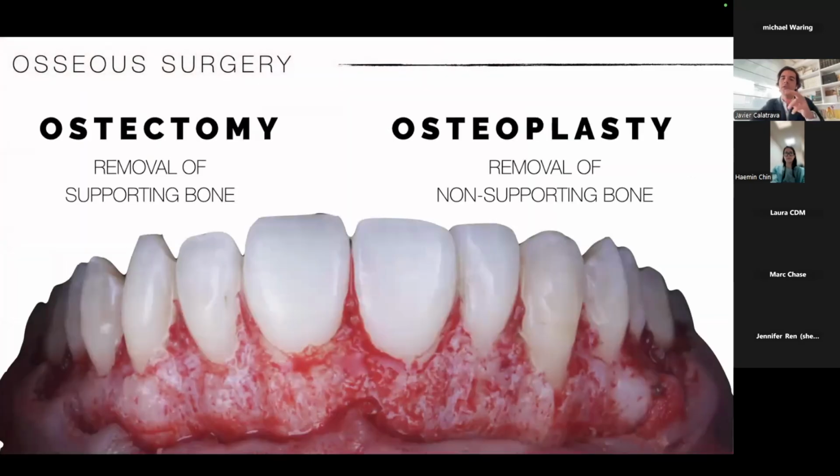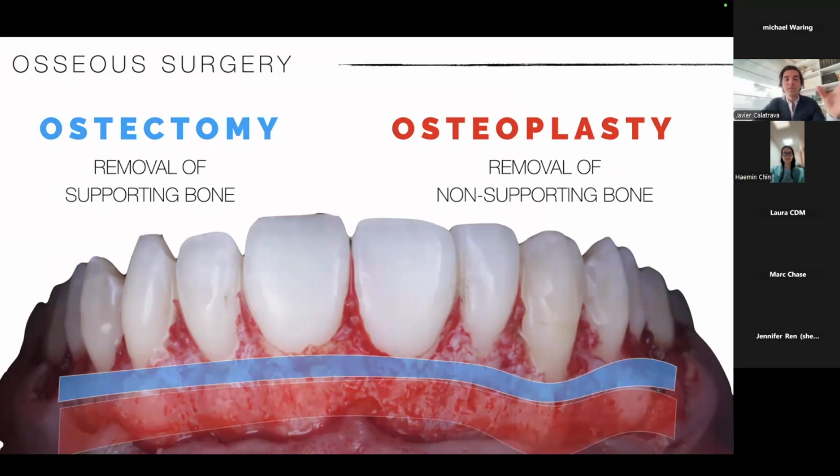And this is done by two steps. So osseous surgery is a common term, and we can be talking about ostectomy, which is the removal of supporting bone, so that bone that is attached to the root by Sharpey's fibers, or osteoplasty, which is the removal of non-supporting bone.